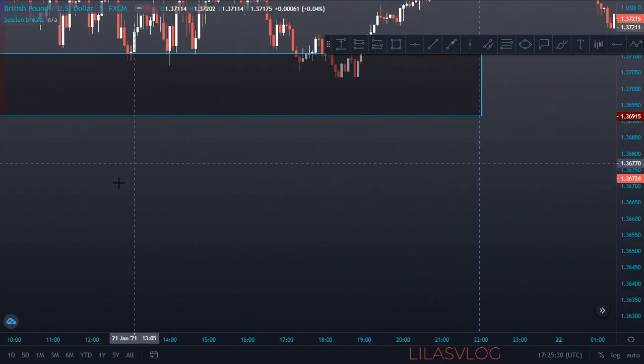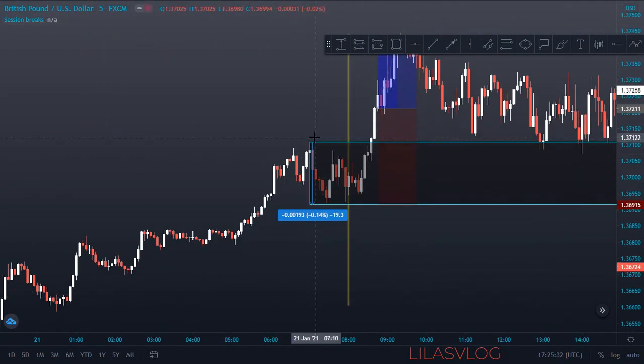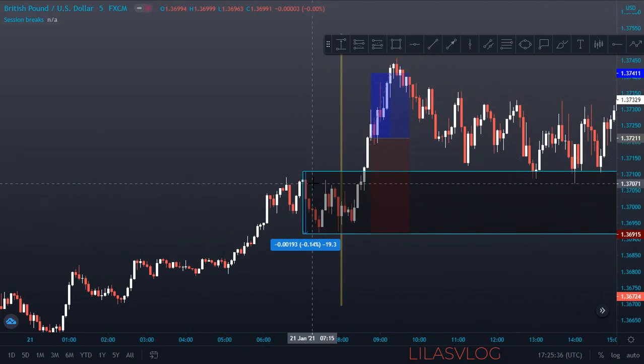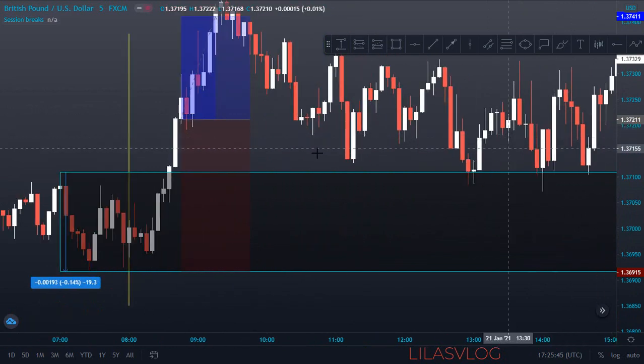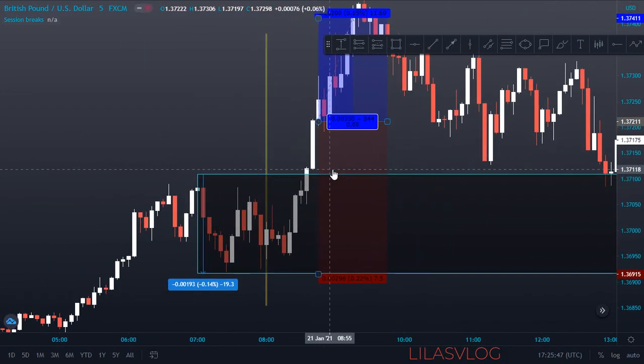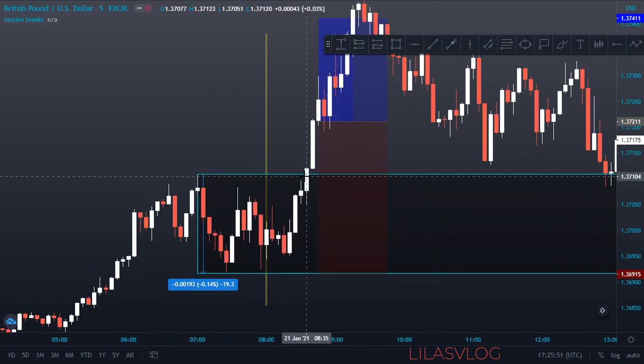and then measure the box so you will know how many pips on target we are going to have. The third step is to wait for confirmation: a candle has to close completely outside of the box.